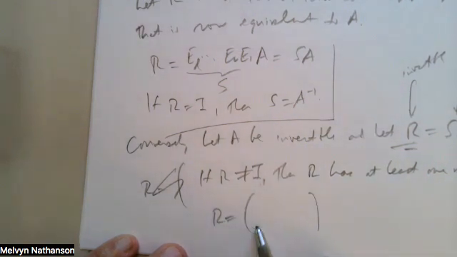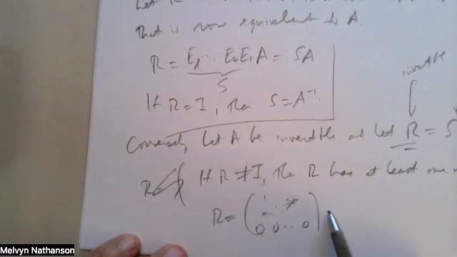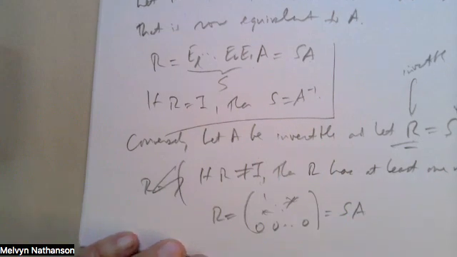So R is some matrix with at least the bottom row equal to zeros. Other stuff is whatever it might be. And this is S times A. So R has its last row, the nth row, as the 0 row.